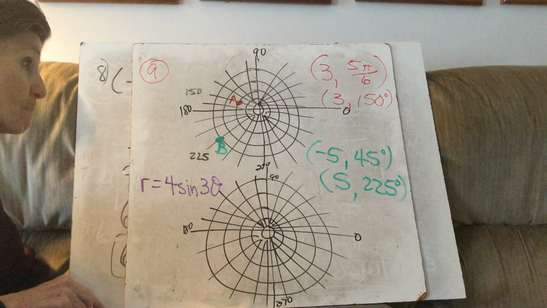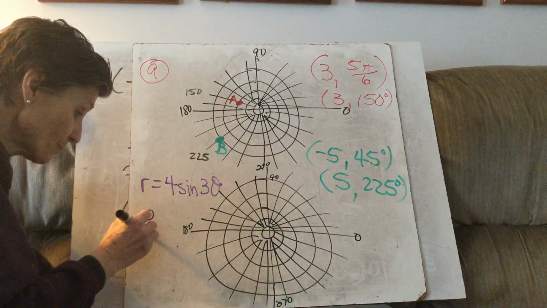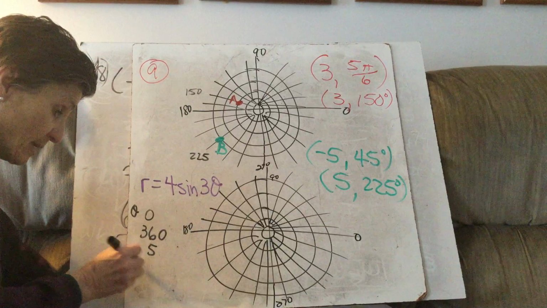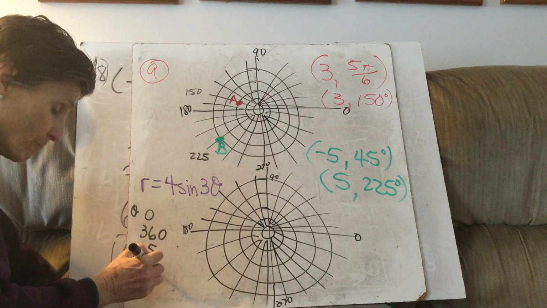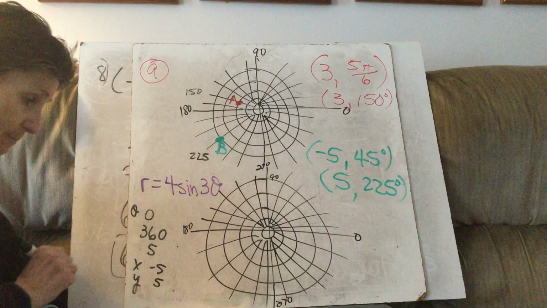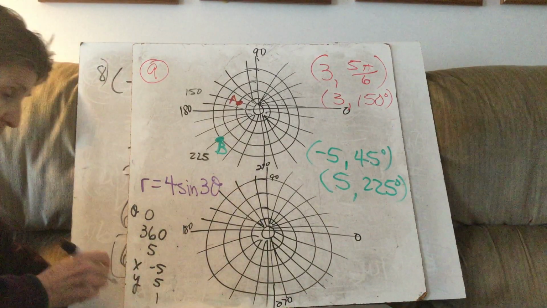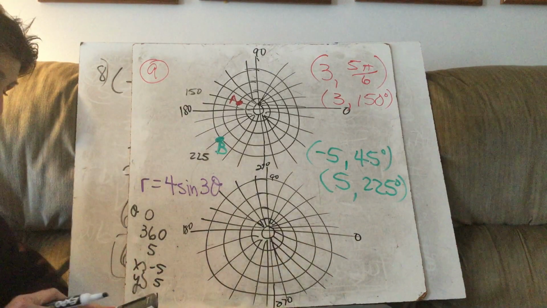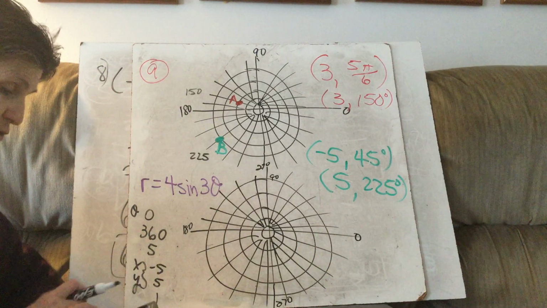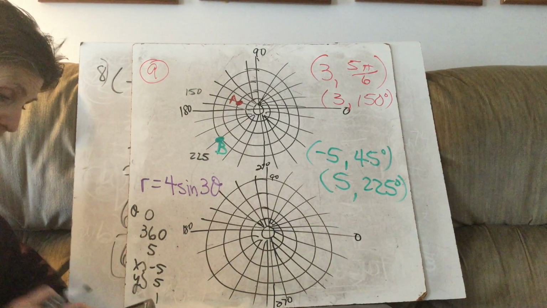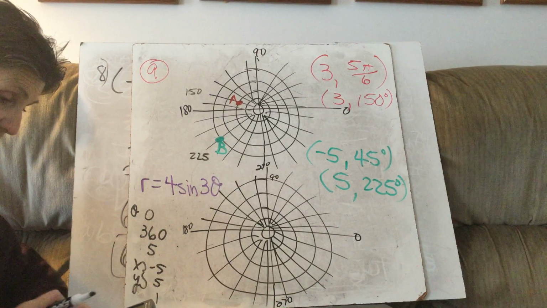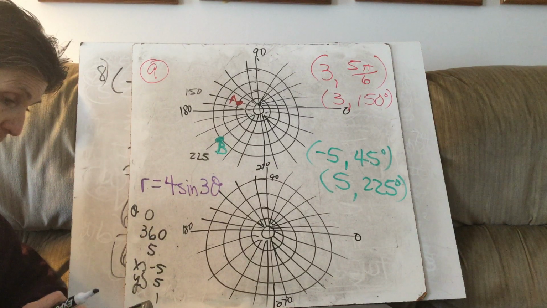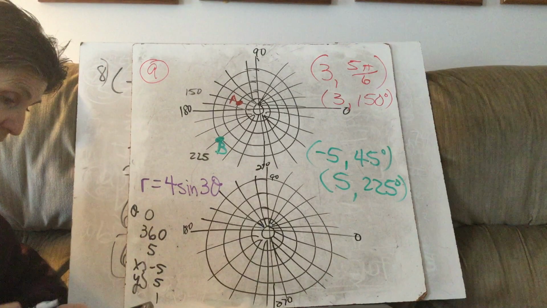Then we're going from 0 to 360 with a step of 5. These are my thetas. And for x's and y's, we're going from -5 to 5 with a scale of 1. That hasn't changed. If you have left your calculator alone, you are fine.